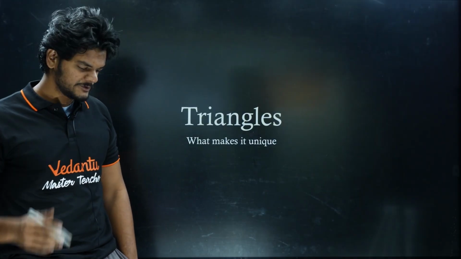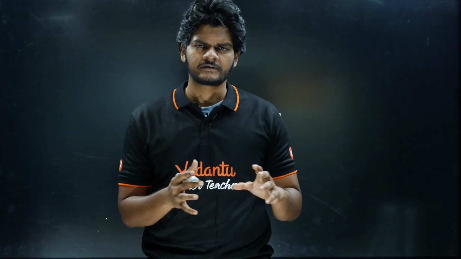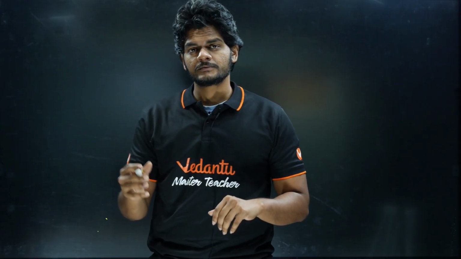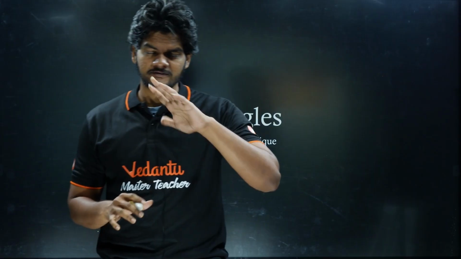Hello everyone, welcome to this video, and we are going to continue with understanding triangles a lot more. I hope you watched the first video of this lecture series of geometry where we covered everything about point, line and shapes, right?